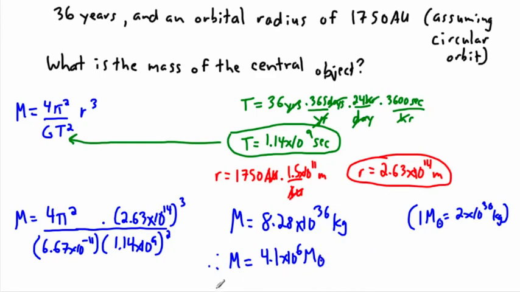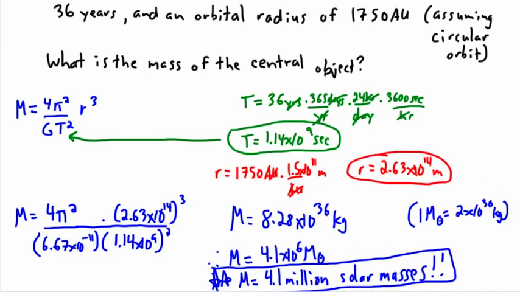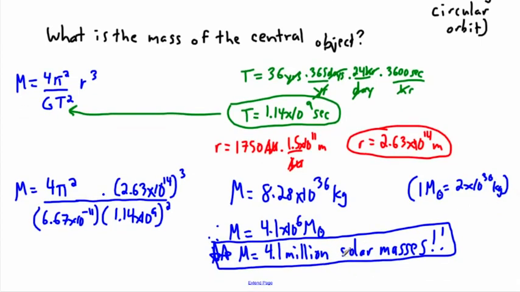In other words, the mass of this thing is 4.1, and remember what 10 to the 6 is, that's a million. So 4.1 million solar masses. So this central object, which we can't see, has a mass of 4.1 million times our own sun. So this thing is crazy big.